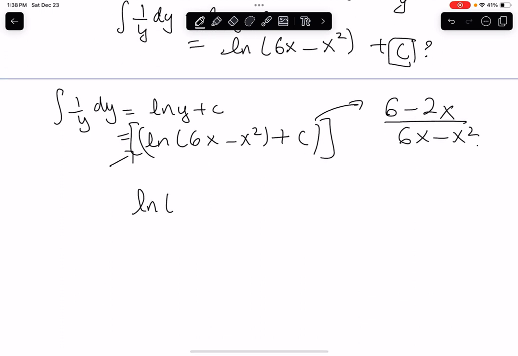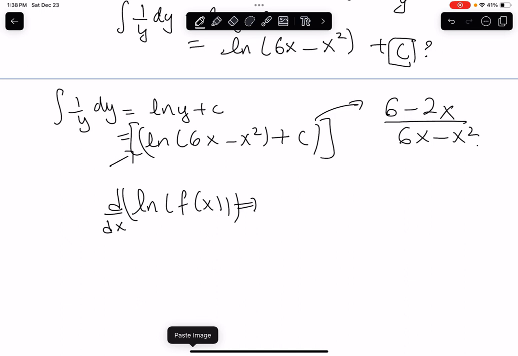Basically, if you have a function ln of f of x, then the derivative d by dx of ln of f of x is just f prime of x by f of x.